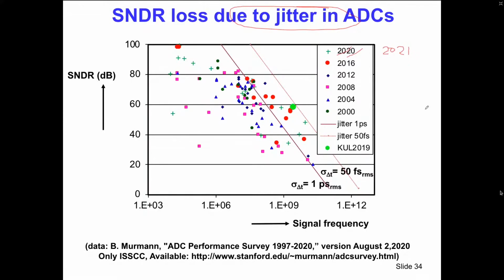If we now inspect again the plot, here is the signal frequency on the horizontal axis, the signal to noise and distortion, as reported on the ISSCC, and I steal here the data from my good friend Boris Moorman.